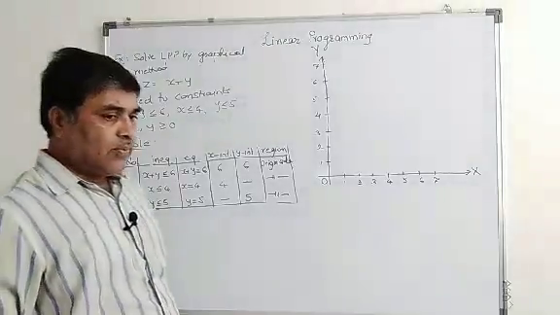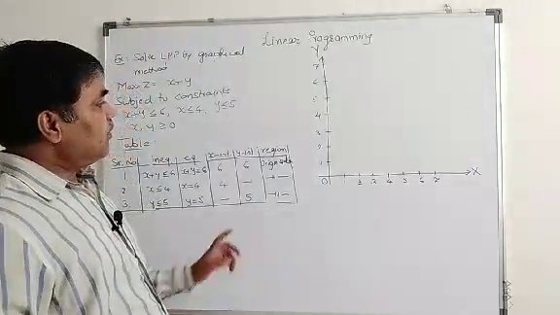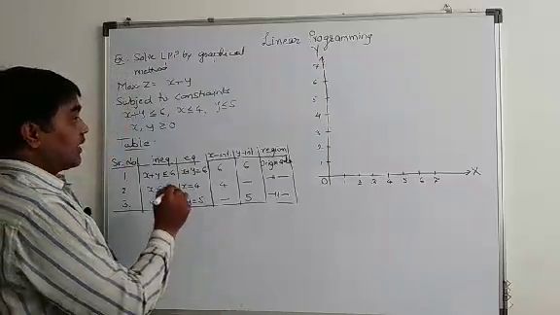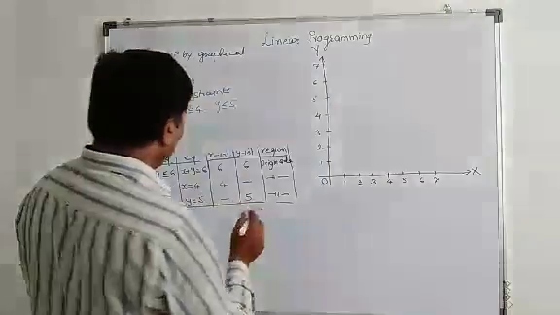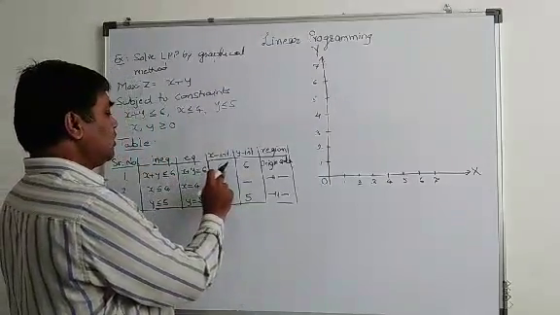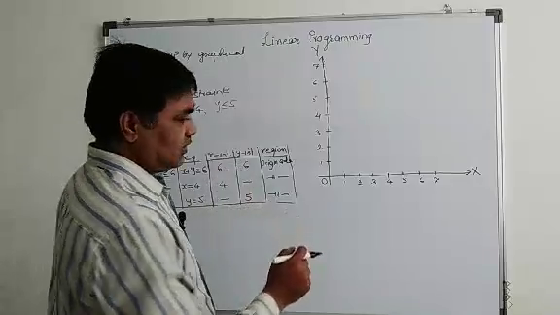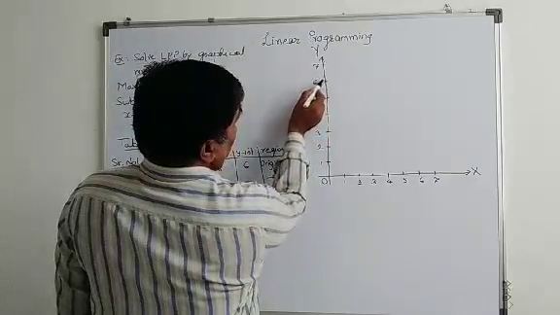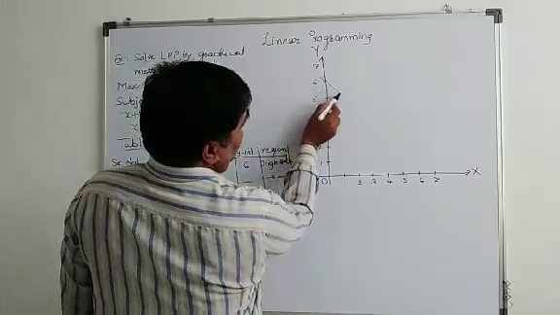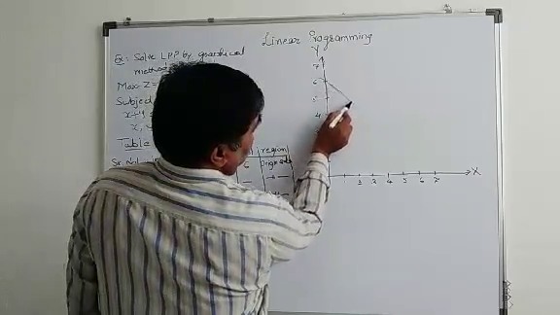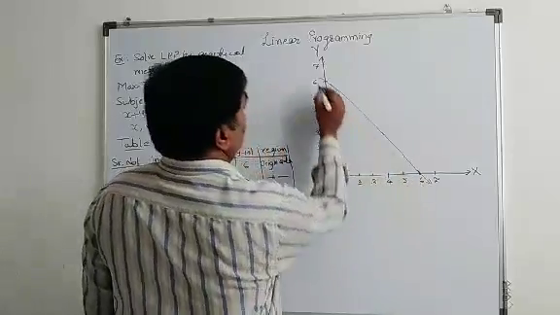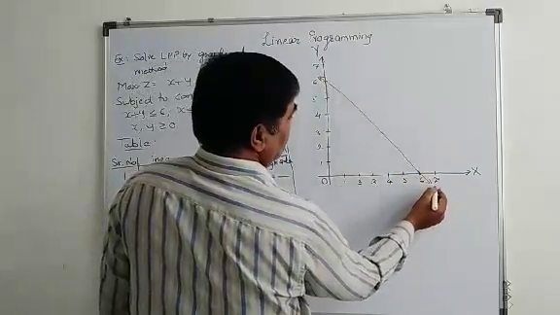So always draw the graph with the help of a scale. This first line passes through (6, 0) and (0, 6).